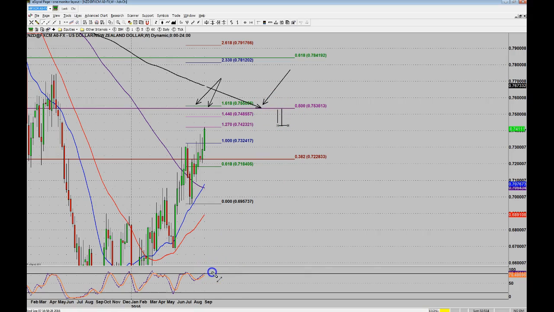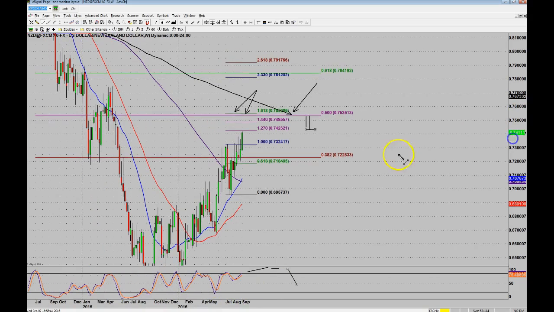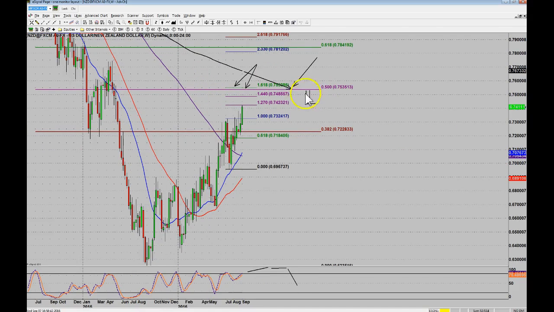And even better if the stochastics were way up here like this, completely buried in the top, and then started to fall, started to actually cross over. You're trying to rate your trade based on a multitude of factors together, and they really help. I don't know if that answers the question. I hope so.